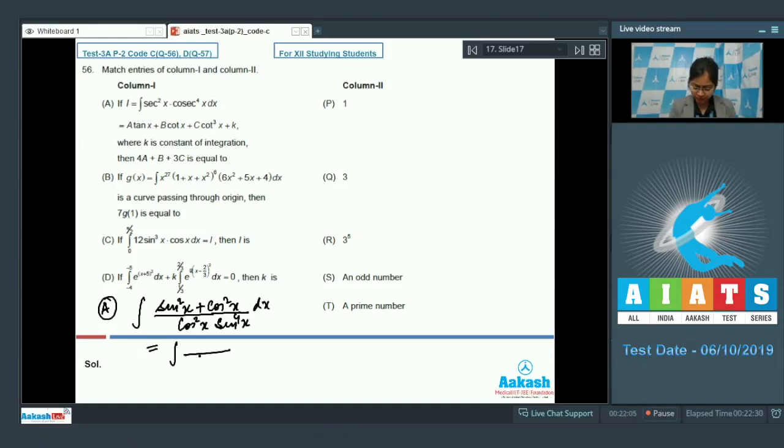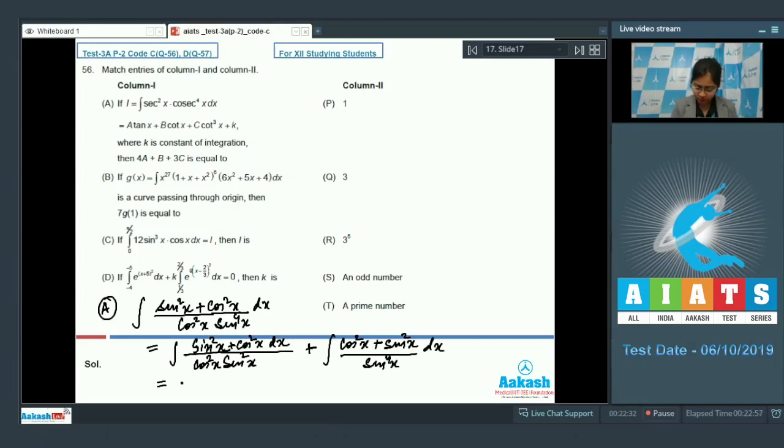So this is equal to, here we will get cos square x into sine square x. Again in the numerator we can write sine square x plus cos square x into dx, plus the integral of (cos square x plus sine square x) divided by sine 4x into dx.